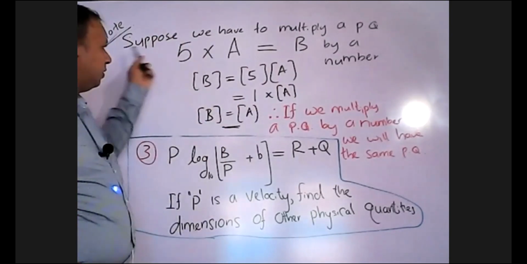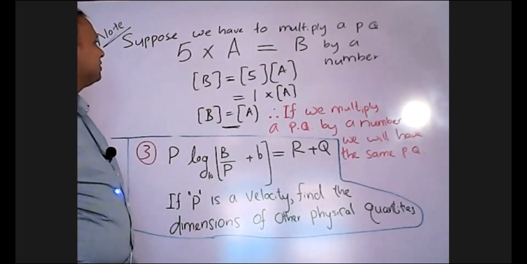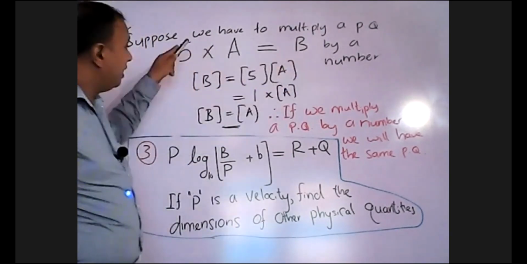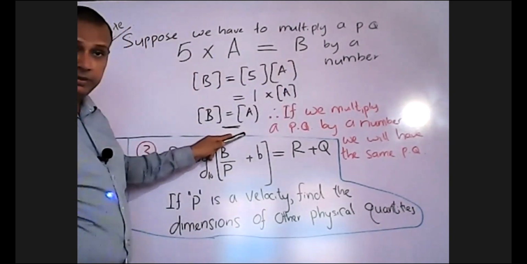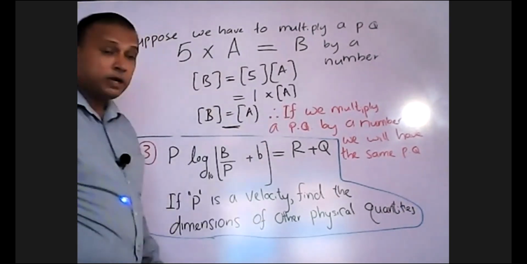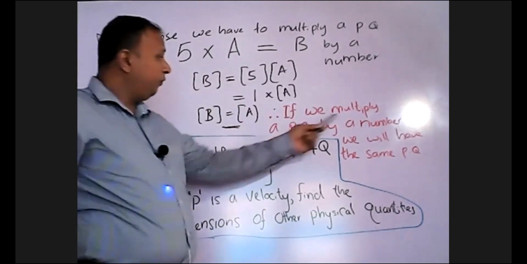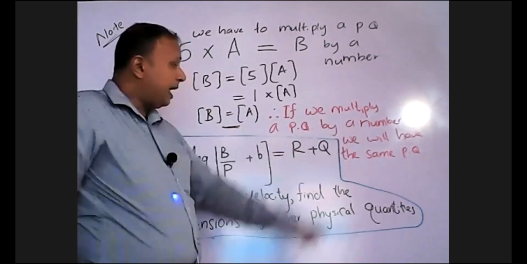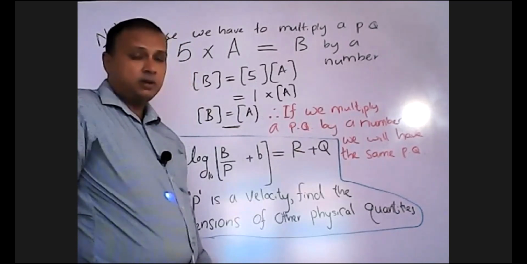Okay, write this one as a note. Suppose we have to multiply a physical quantity by a number. Then after that, you can write this argument. Therefore, if we multiply a physical quantity by a number, we will have the same physical quantity.